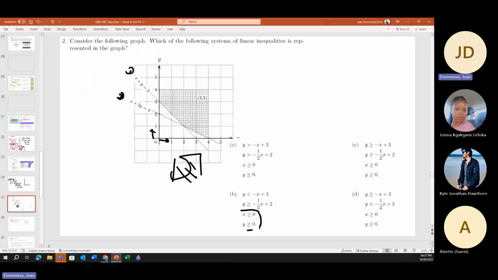So those two are nearly always a given. If one of them said x smaller than 0, we could have eliminated it, but it didn't. So by just being in quadrant 1, I think, we have looked at those four and we couldn't exclude anything yet.